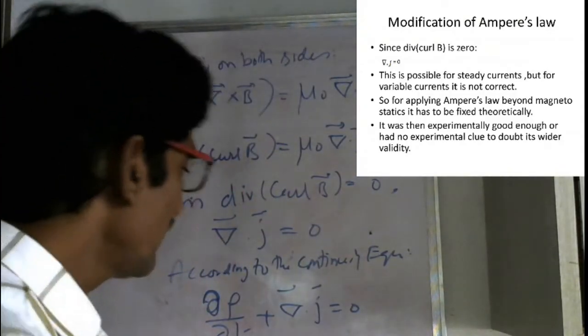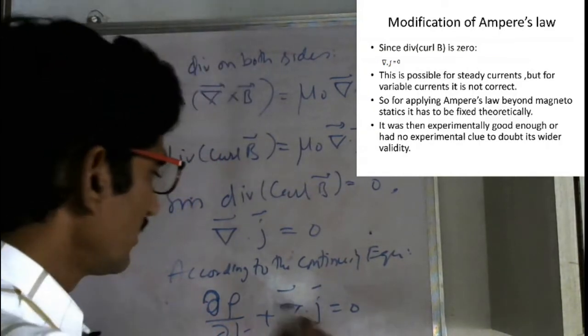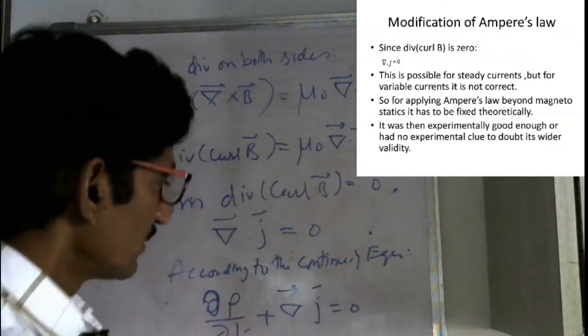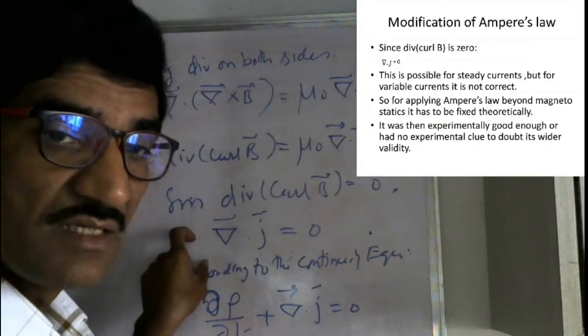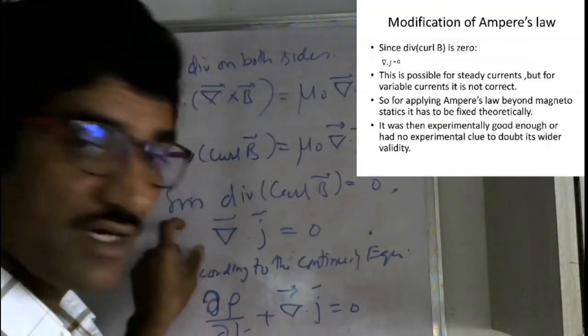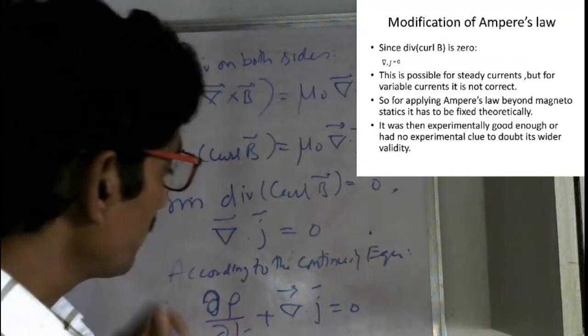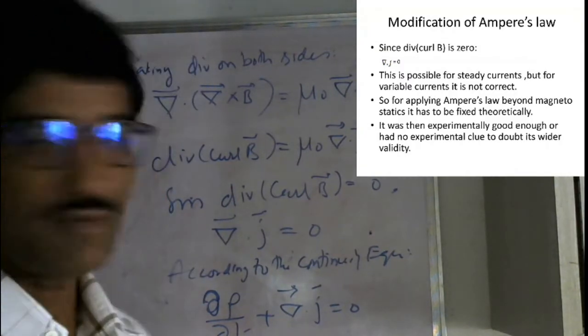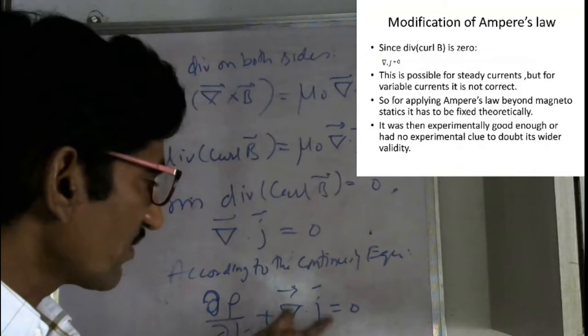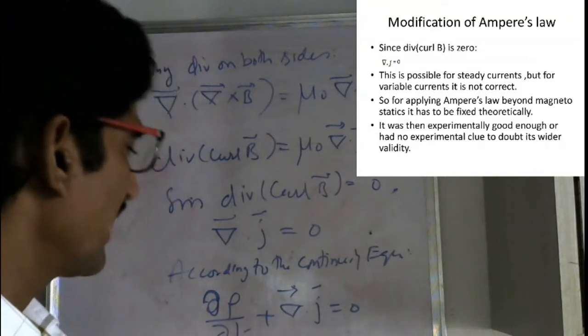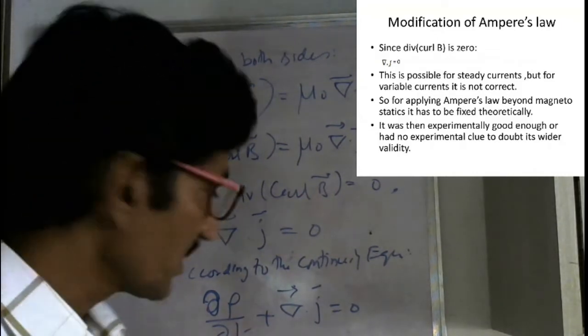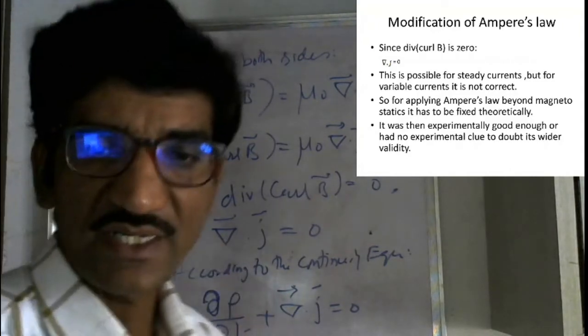Here, this is not in conformity with the continuity equation as well. Why? Because according to this equation, del dot j is equal to minus of dou rho by dou t.